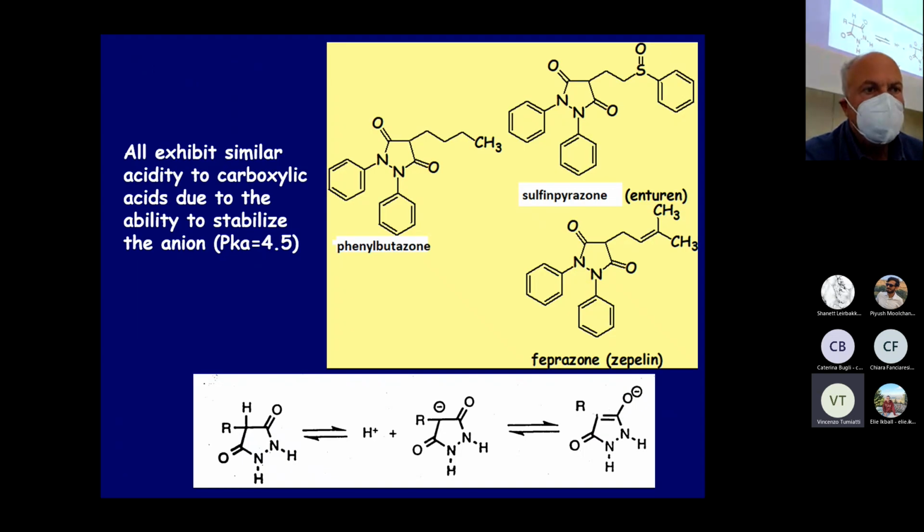And sulfinpyrazone, you see the same backbone as phenylbutazone, has this type of activity. Sulfinpyrazone has a strong affinity for the renal reuptake system of uric acid. So in this way, we can block the reabsorption of uric acid so that it can be eliminated in the urine.